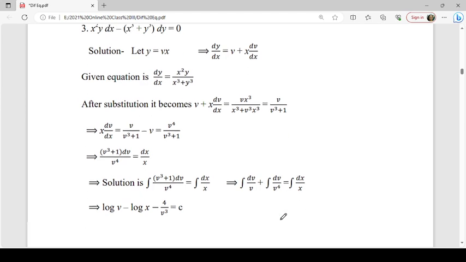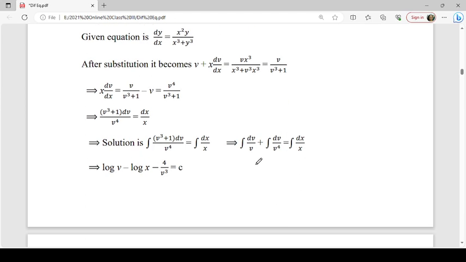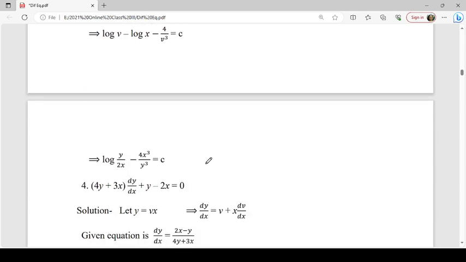Simple it is. So this is integration, of 1 by p to the power 4 is minus 1 by 3p cube, and then again we substitute this p as y by x. So this is the solution.